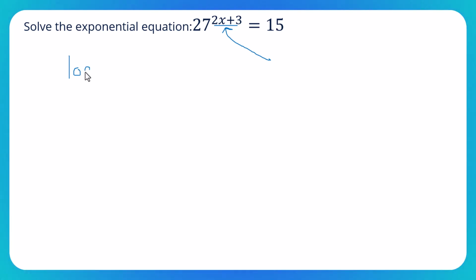If I take the log of 27 to the 2x plus 3, that exponent is going to come out to the front. So this is going to come out to the front, 2x plus 3 times log 27 equals, remember we have to take the log of both sides, so this is the log of 15.